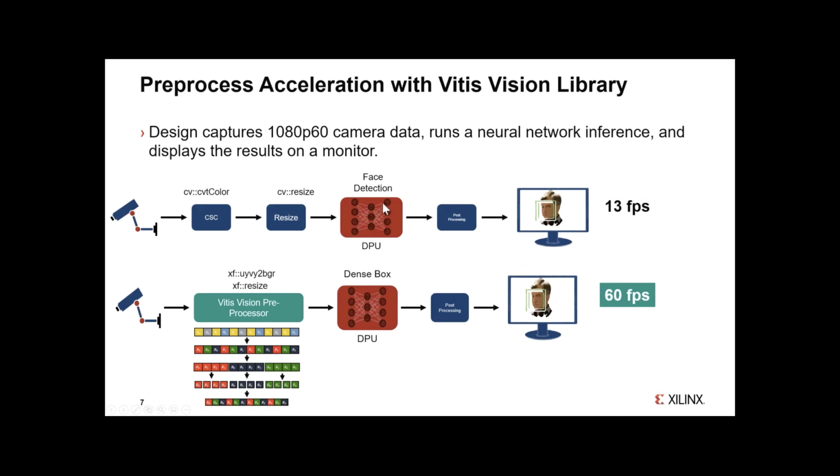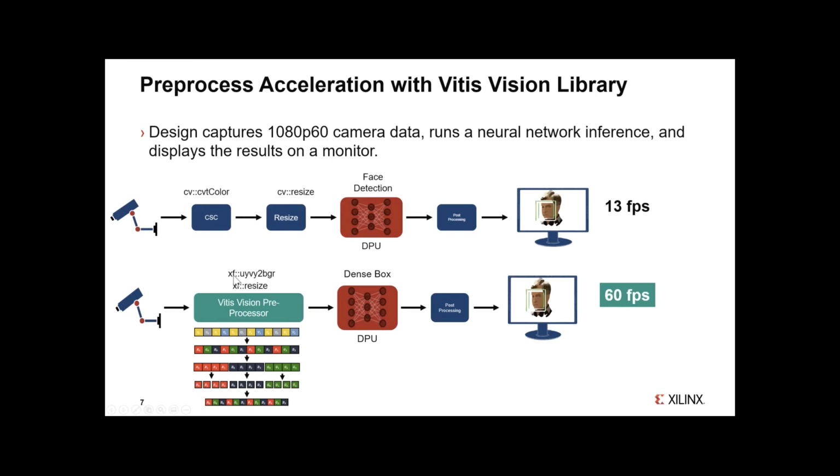Now, the limiting factor to this actually wasn't the face detection algorithm, the model that was being run on the DPU, but rather it was the color space conversion and resizing that was happening in software up front. So these were being run in OpenCV on the ARM processor.